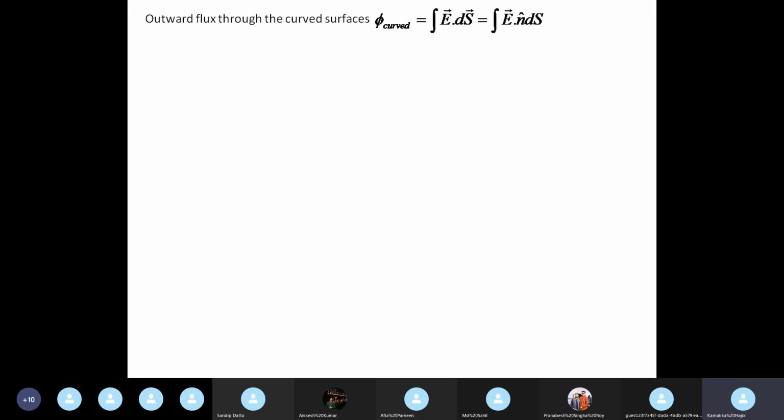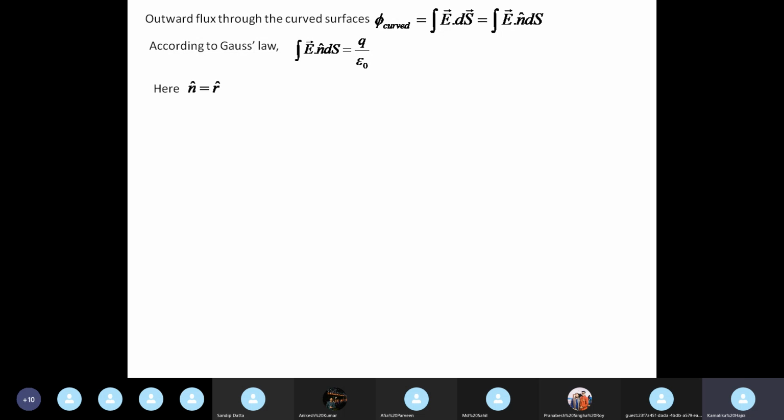Now the outward flux through the curved surface, phi curved, is E dot n cap ds. Now according to Gauss's law, this is q by epsilon naught. So now that you have figured out the symmetry and drawn the Gaussian surface, the third step is applying Gauss's law.